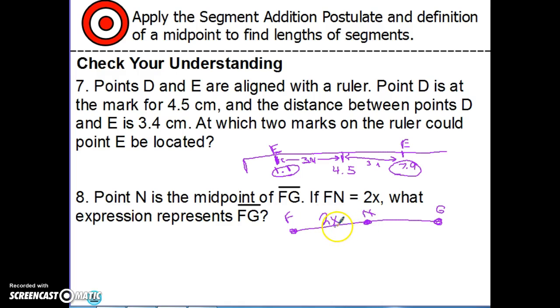Which means if this part's 2x, this part would also have to be 2x. So if I'm looking for FG, which is the whole thing, that would be my two halves added together. 2x plus 2x equals 4x. That expression represents the entire FG.